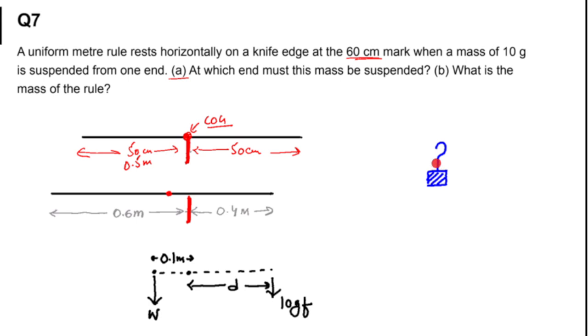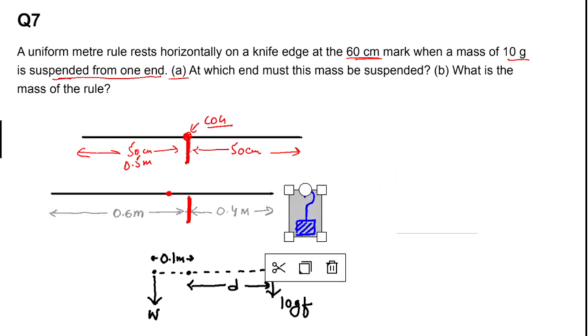Now, which end should we put this 10 gram to balance it? Because they are saying that we have to put 10 gram suspended from one end. There is no point of putting it in between. So what will happen is, if we keep it like this, because the COG of the scale is this side, the ruler will try to rotate this side.